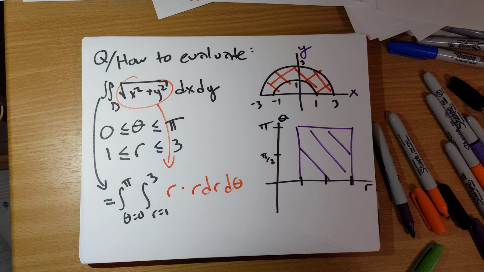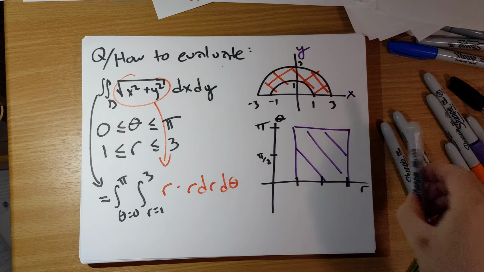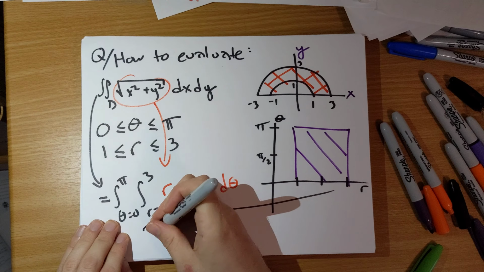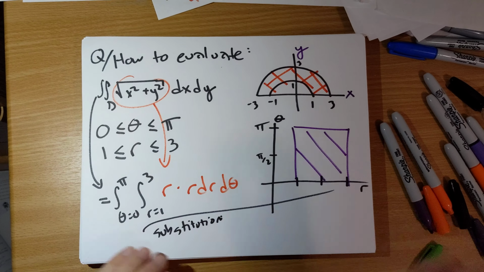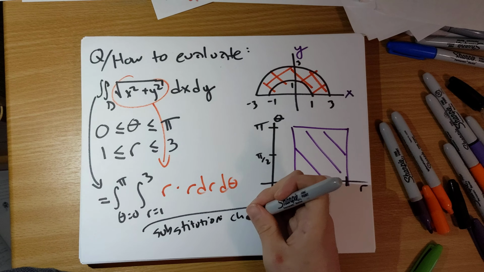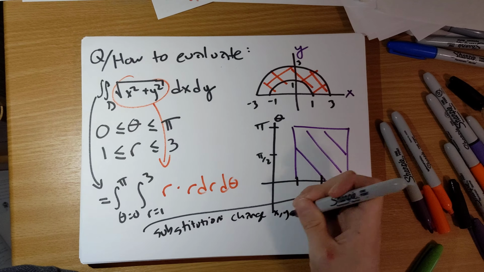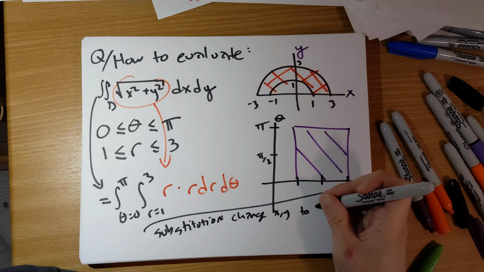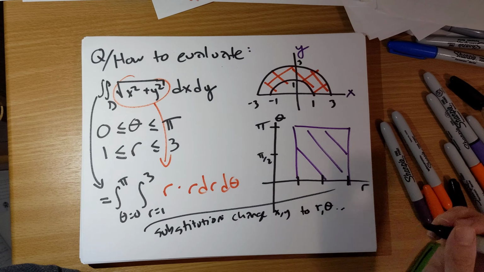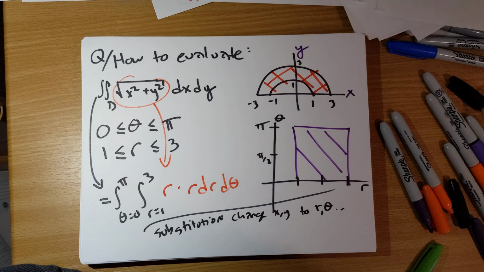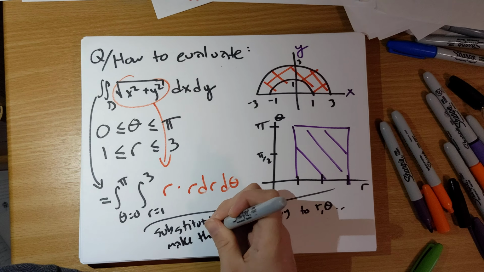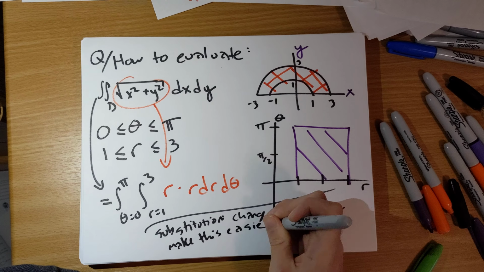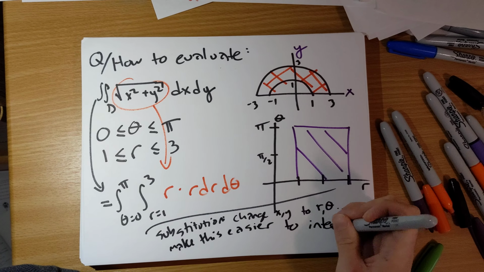And so let's observe here that we have some kind of substitution going on. We are going to change x and y to r and theta, and we're going to make this easier to integrate.